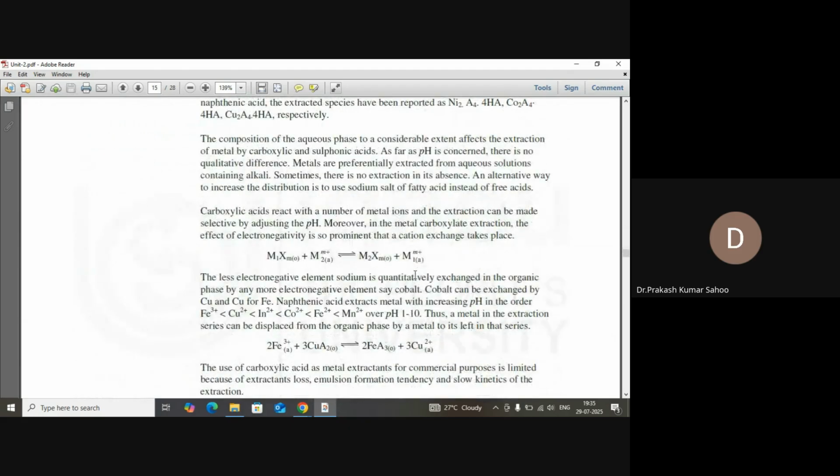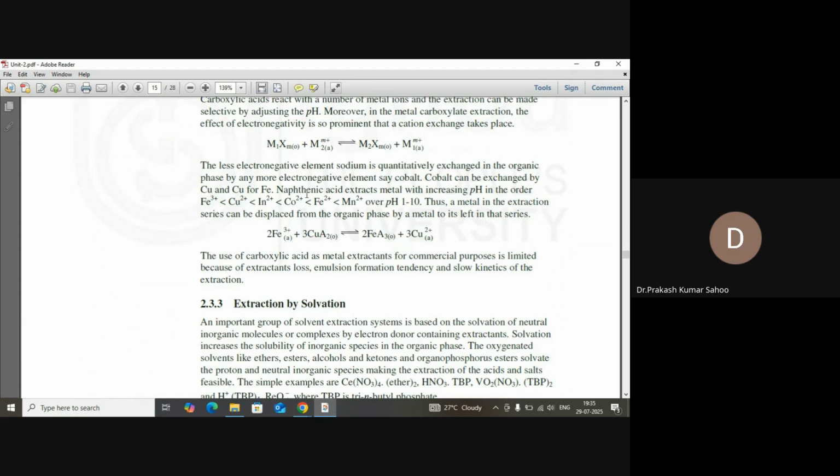Everything is written here. So these are some general chemical reactions which are placed here, and how naphthenic extract reacts with metal with increase in pH. The order is this one.